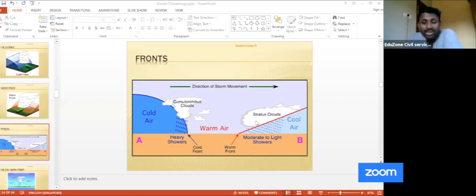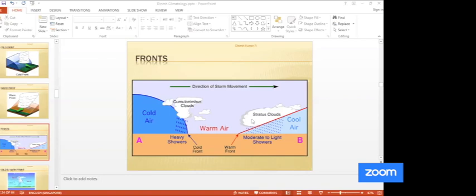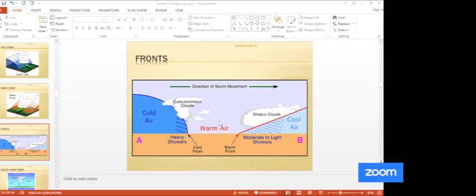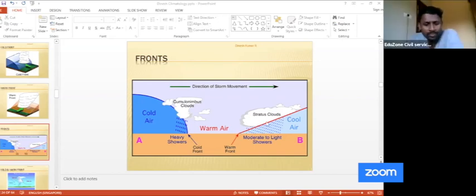So what is the answer? The answer is both areas receive rainfall, but this cold front, where you have localized rising, receives very heavy rainfall, while the warm front receives relatively lighter or moderately heavy rainfall. But there is a difference with respect to time. Can I say this area will receive rainfall for a short duration, while this area will receive rainfall for a longer duration?